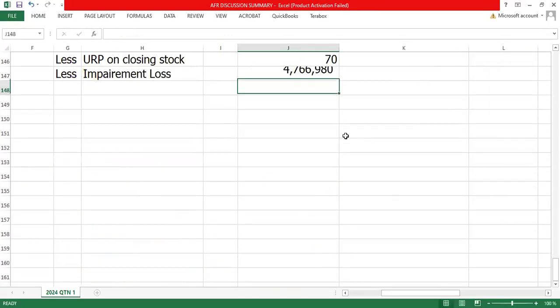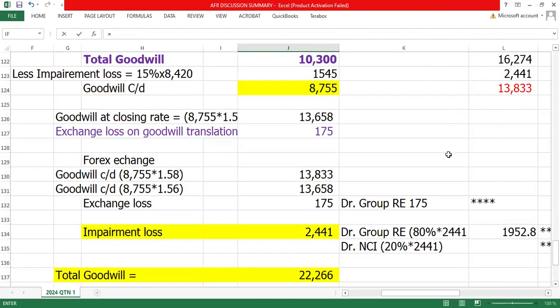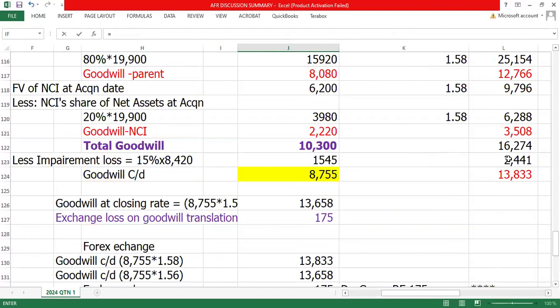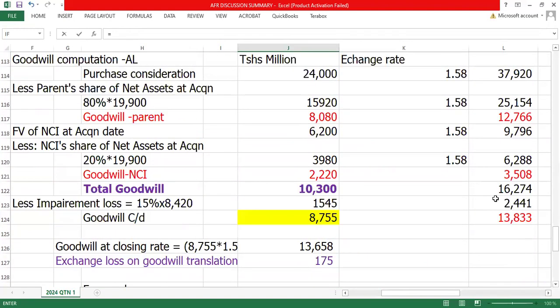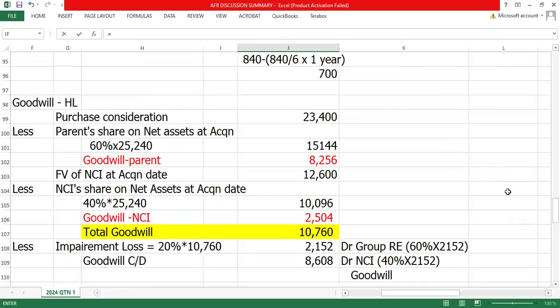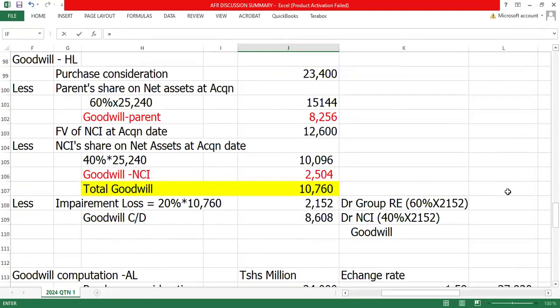Looks like I'm adding wrong things, eh? You're adding wrong things. You have to get the other impairment loss. Bananga, the rain, it is this. The impairment loss. Where is it? You first go up. Are you saying this one? No, up. This one, yes. So you are getting this one, 2152.